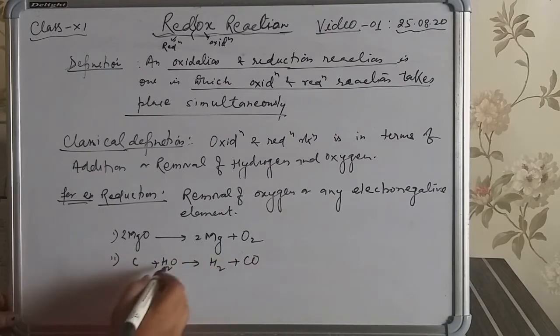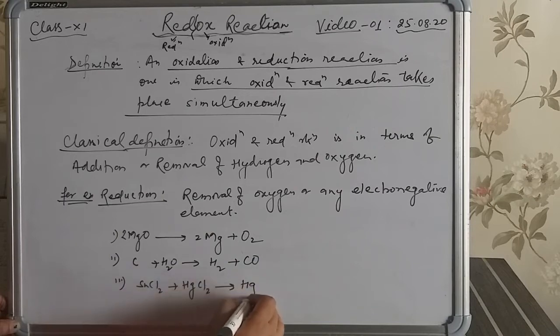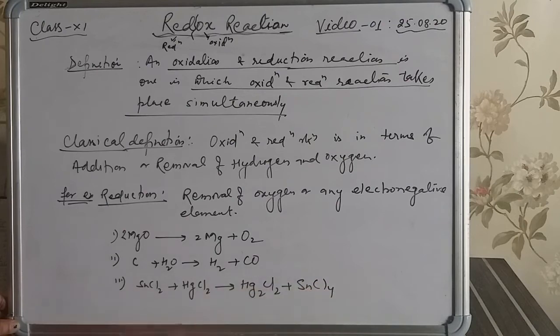Many examples are there: SnCl2 plus HgCl2 will form Hg2Cl2 and SnCl4. So according to this definition, we can easily classify what is oxidation and what is reduction in terms of classical definition.